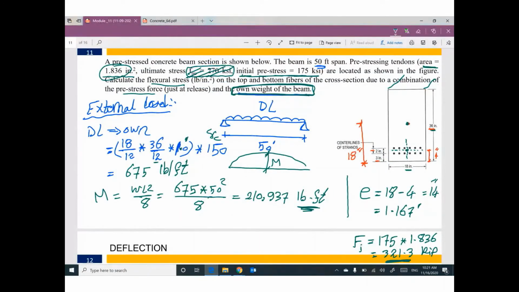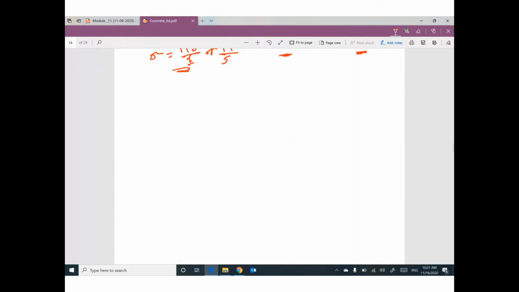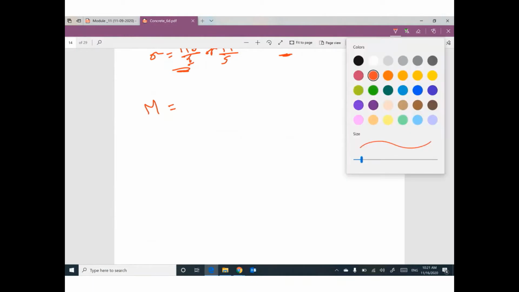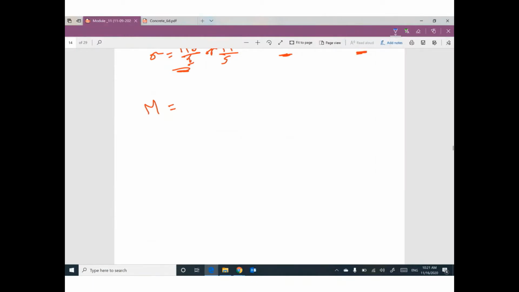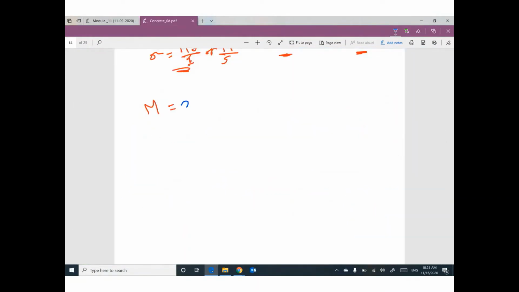Okay, we almost done. So right now, we have moment due to the effect of unweight equal 210,937 pound feet.